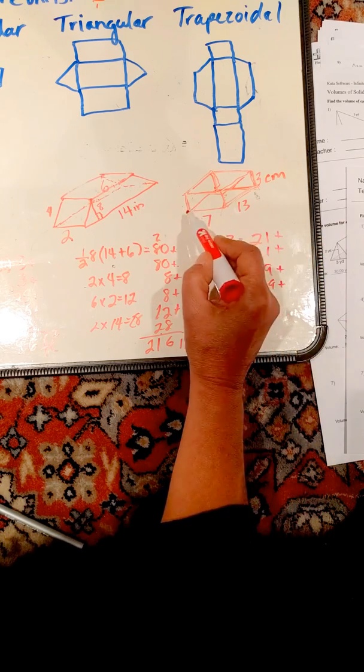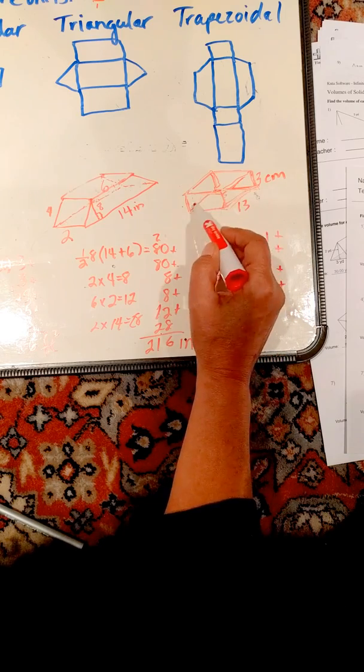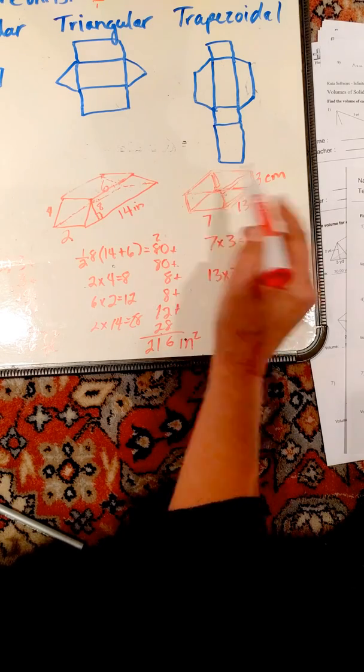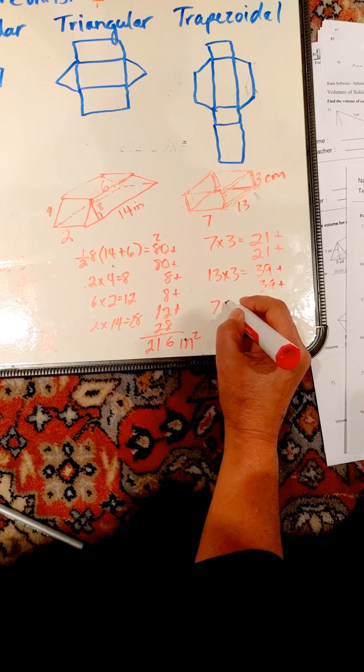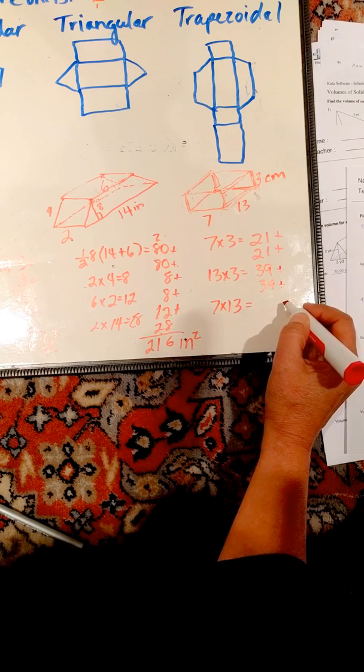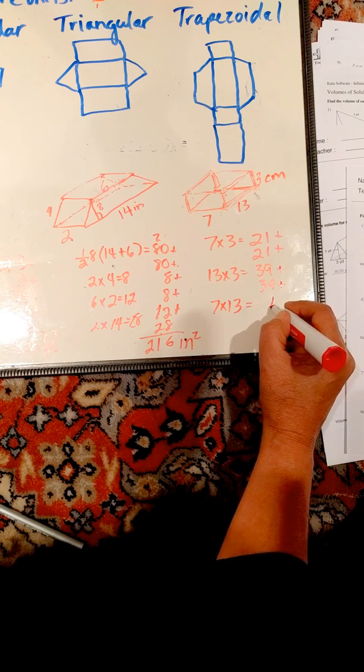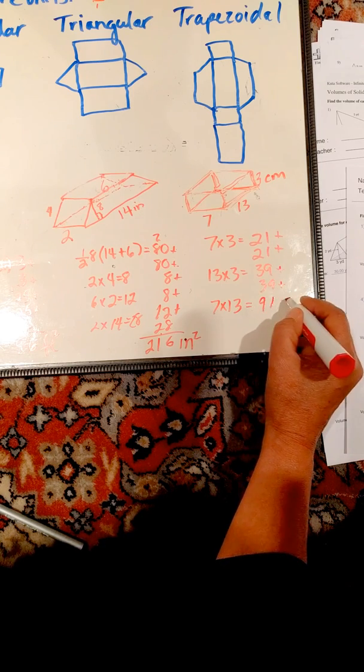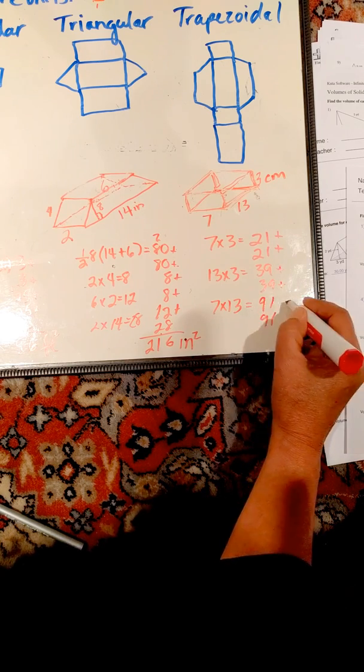And then finally, I'll get the very base, the top and the bottom. So that's 7 times 13. And that equals 91. And I need 2 of those.